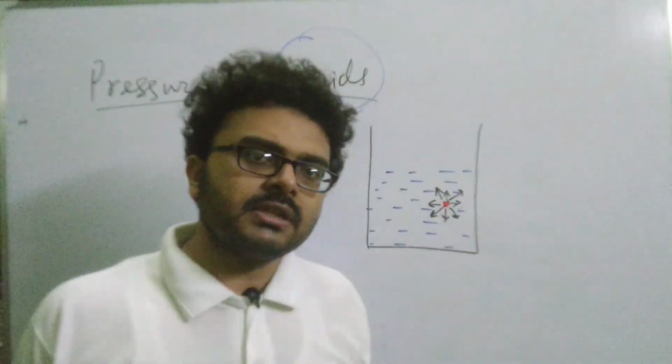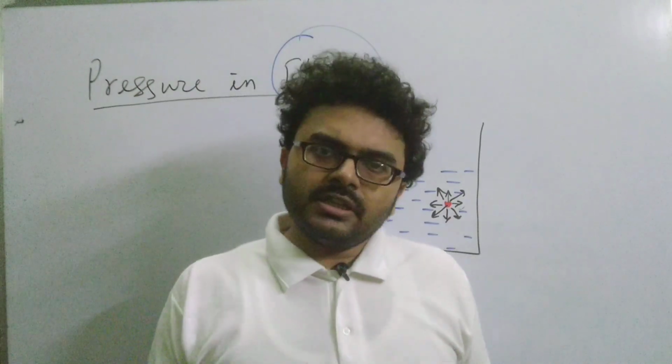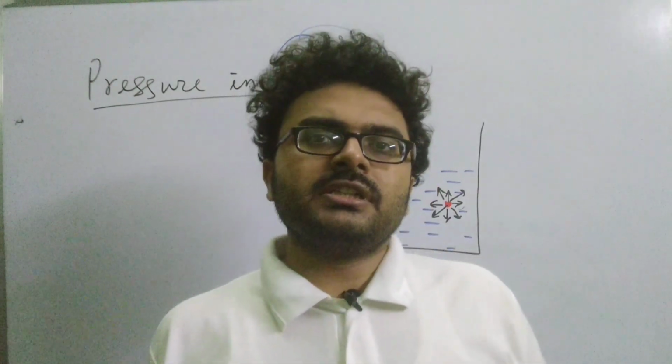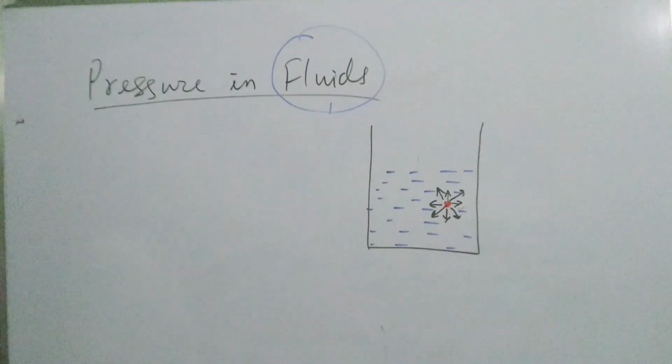So two things you have to remember: if you consider a particular point within that fluid, pressure is exerted in all directions at that point, and also pressure is exerted at all the points within the mass of the fluid.